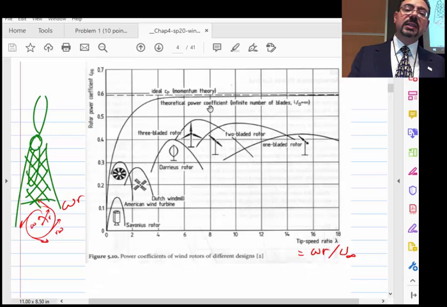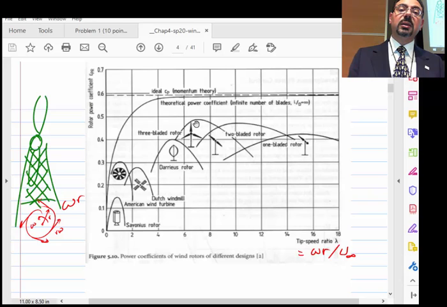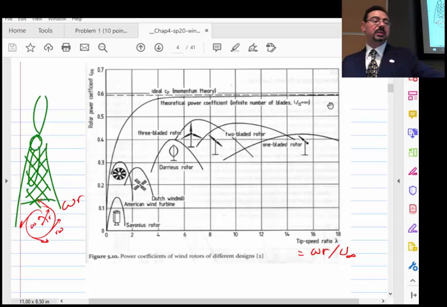Interesting is this limit. That is the theoretical maximum possible for a wind turbine, and it's called the Betz limit. Betz came up with this analysis that we will see in the next few slides. He basically said you cannot hit more than 59% for a wind turbine. If you Google, however, you will see some papers that claim we hit the Betz limit. That would be an interesting paper if you can find it and put it in for our assignment next week.